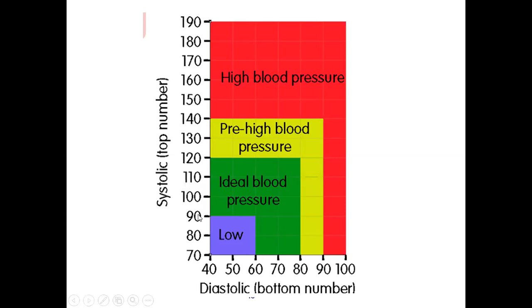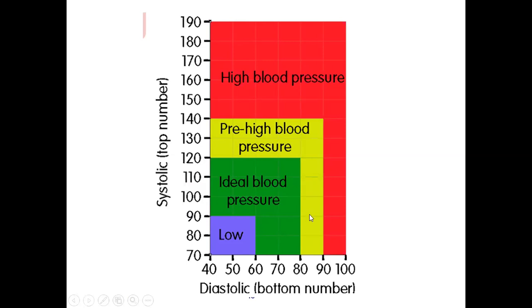If you're somewhere between 90 and 120 for systolic and between 60 and 80 for diastolic, that's ideal blood pressure. If we get over 120 for systolic, or over 80 for diastolic, that's where we're getting into high blood pressure.